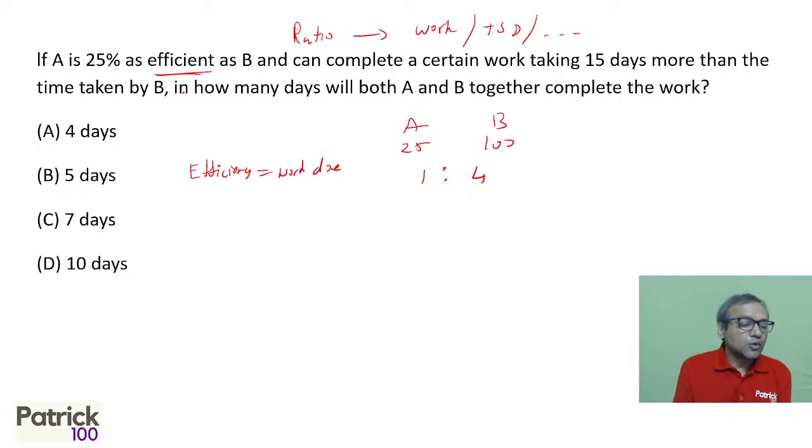That means the ratio of the days taken will become 4:1, inversely proportional. Work done is 1:4, so days taken is 4:1.